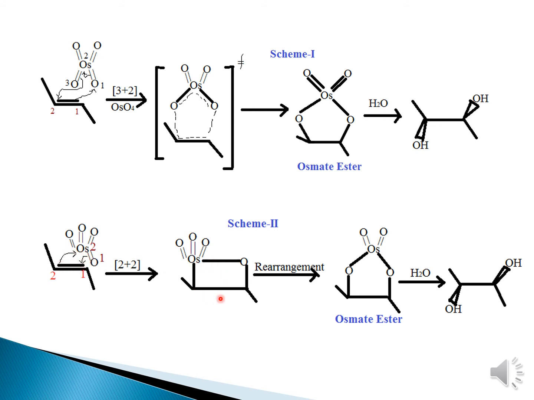You will end up with the oxetane, osma oxetane. Okay, this upon rearrangement you will end up with the osmate ester, and again upon hydrolysis you will end up with the trans diol formation. It is a cis diol, sorry. This is also a cis diol, this is also a cis diol.